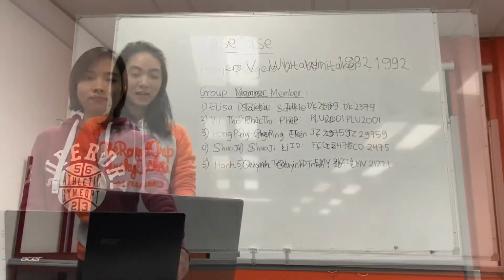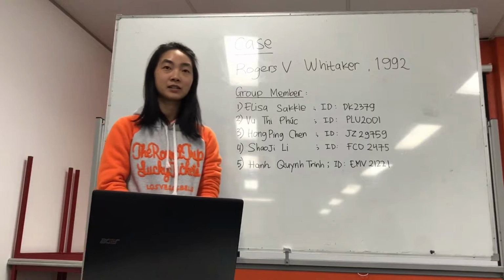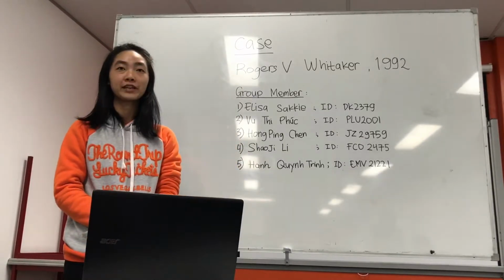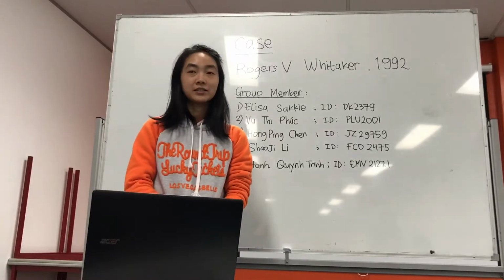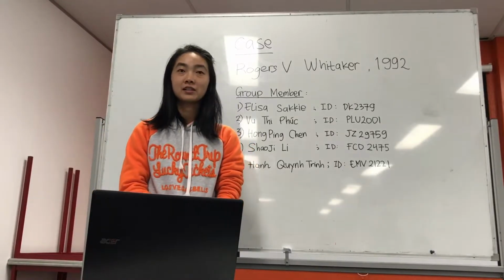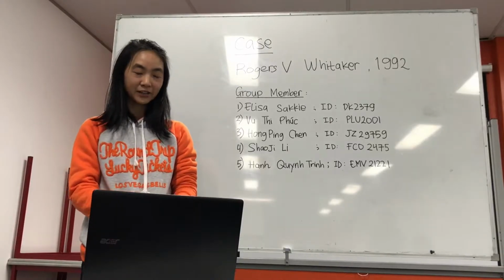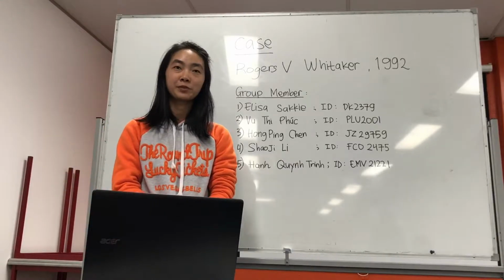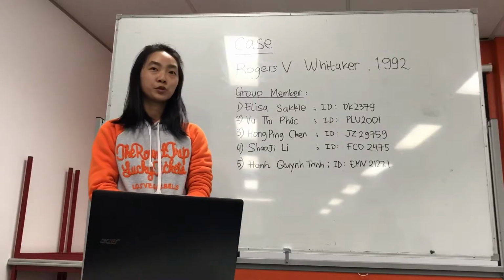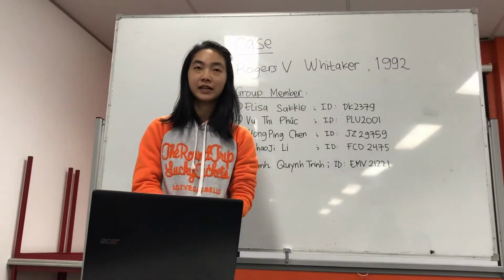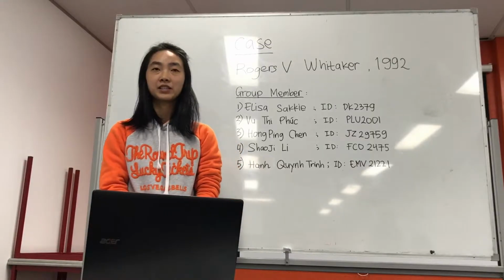Now I'm going to talk about the scope and content of the doctor's duty of care. In this case, the appellant argued that the Bolam principle should be applied. According to the Bolam principle, doctors may have different practices.